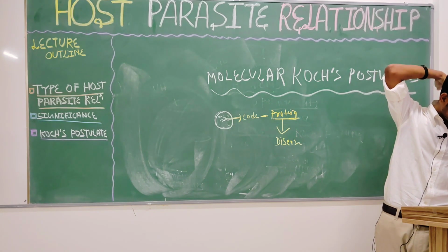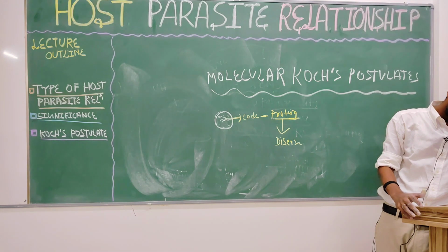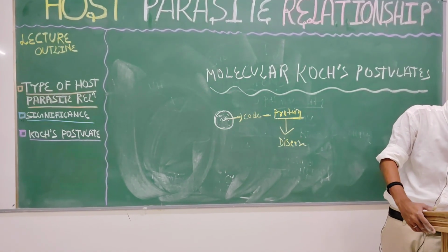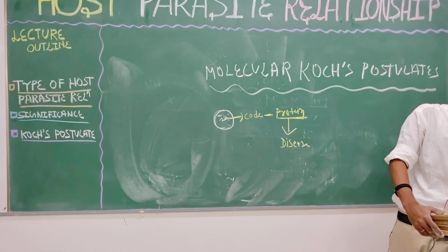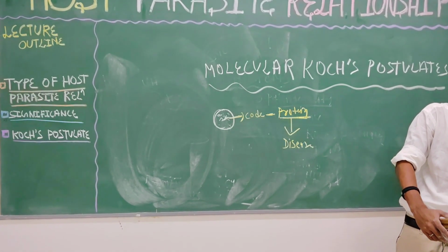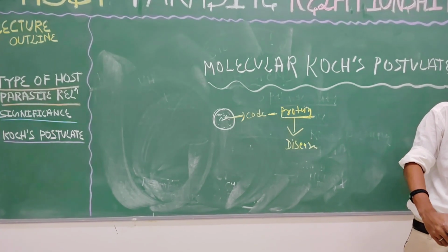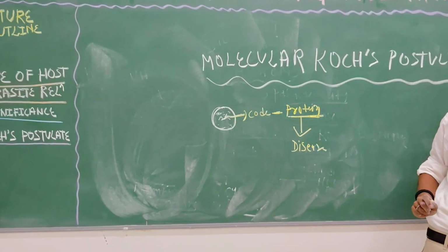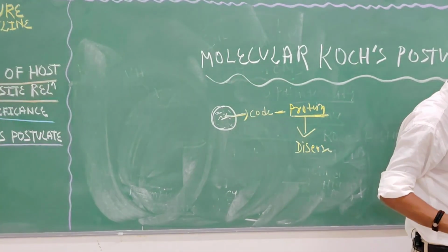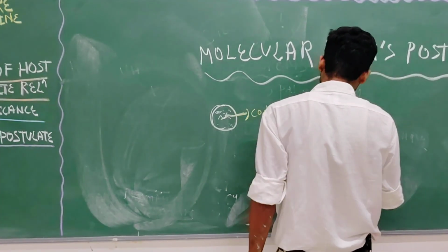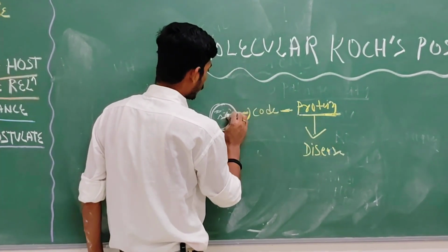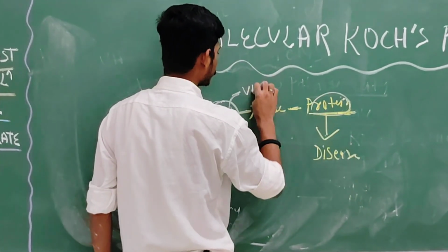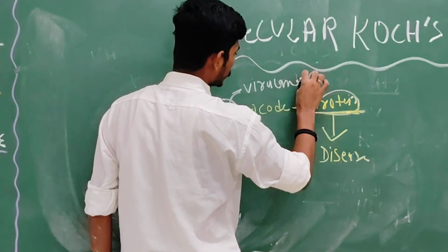It says that the organism, which is called the pathogenic organism, encodes a product that contributes to the disease caused by the pathogen. And the gene which codes these proteins, the gene involved in the coding of this infectious protein, is called the virulence gene.